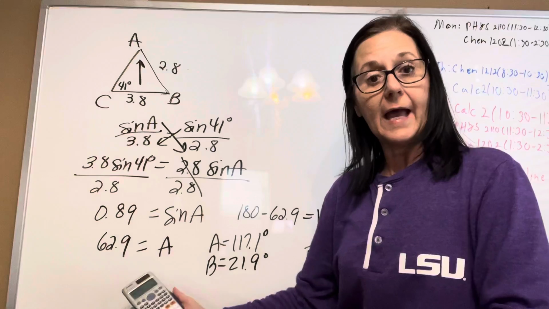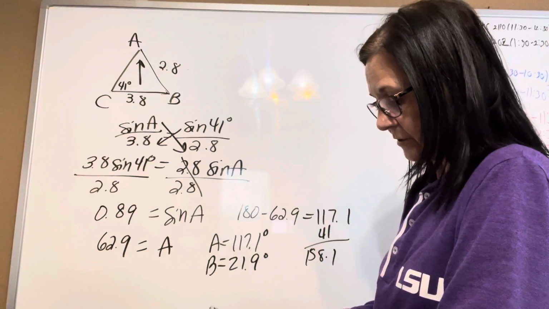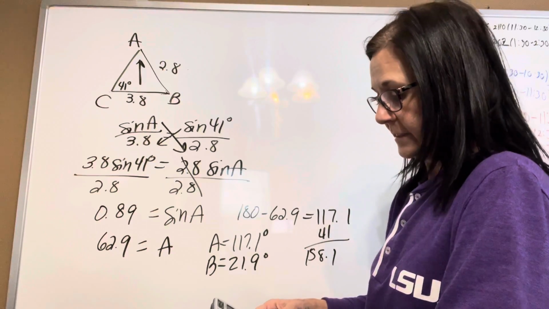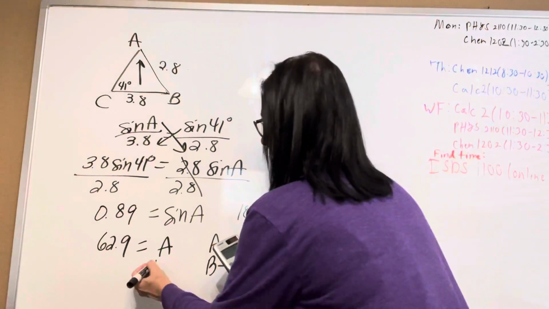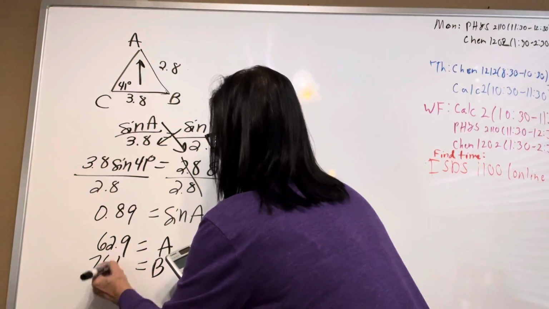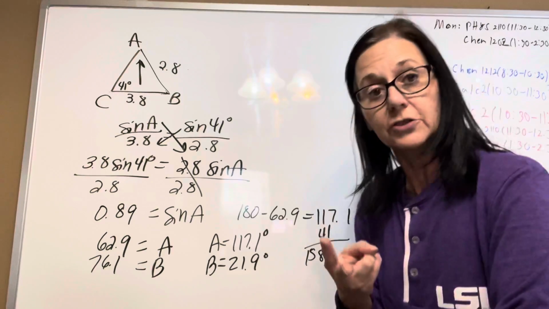Or if angle A is 62.9 degrees, I do 180 minus 62.9 and subtract the 41 degrees. And so if A is 62.9, then B is 76.1. So there's two options. How do we know there's two options?